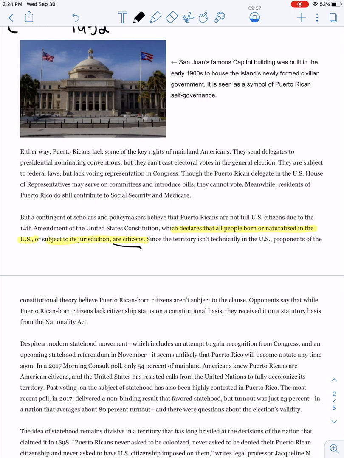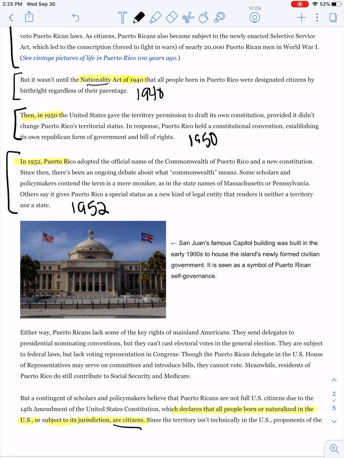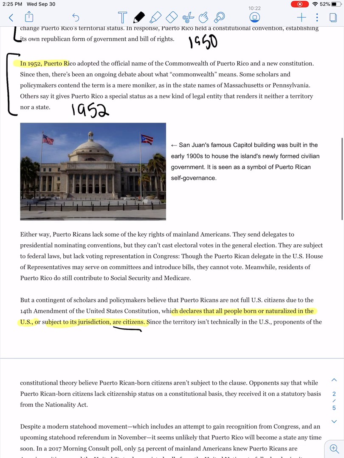Opponents say that while Puerto Rican-born citizens lack citizenship status on a constitutional basis, they received it on a statutory basis from the Nationality Act. I don't know if you remember that. That's up here, the Nationality Act, which said that all people born in Puerto Rico were designated citizens by birthright, regardless of their parentage. So they were designated citizens of the U.S. because they were born in Puerto Rico.